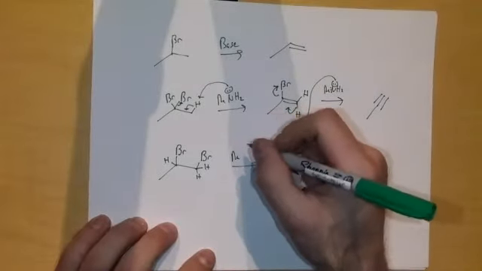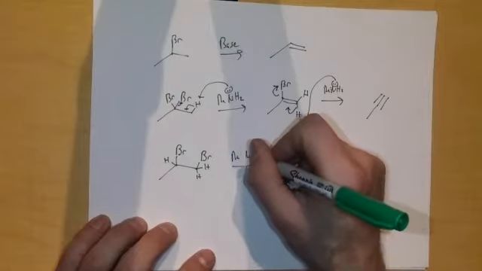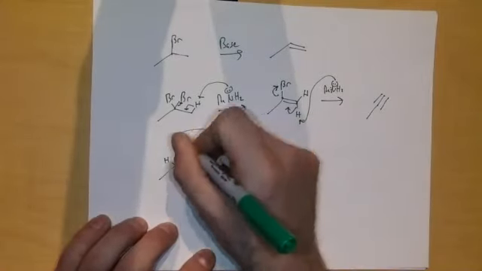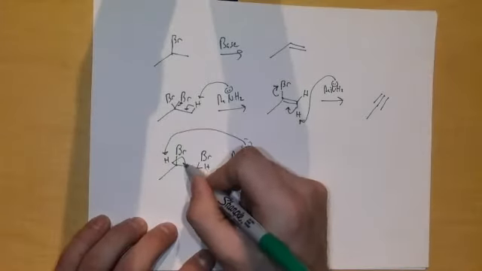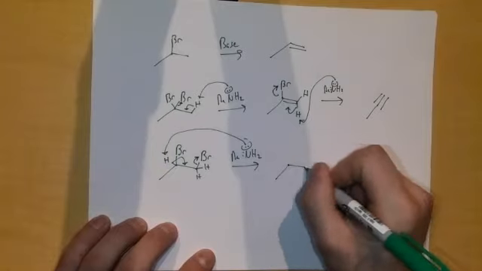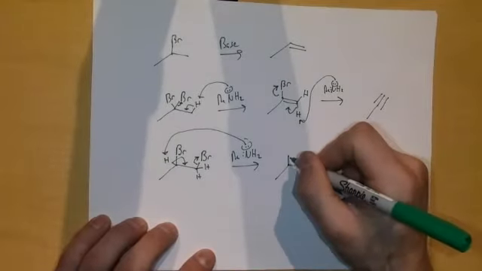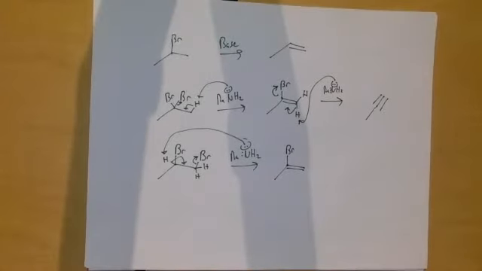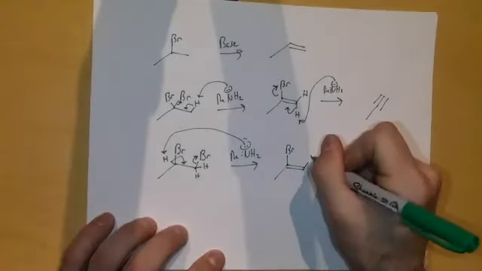So if I throw in NaNH2, this is going to want to take off this proton here and kick out this Br. We're going to end up in the exact same spot we were up here.